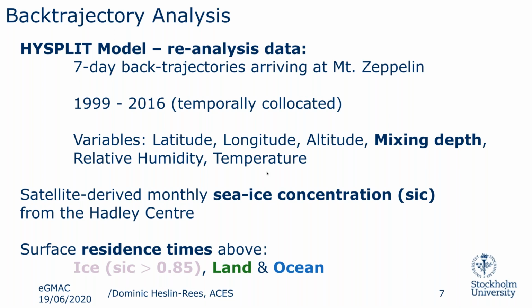That's the height of the mixing layer, the height at which substances, for example aerosol particles, are able to be vertically dispersed. In combination with satellite-derived monthly sea ice concentrations, we could then calculate the residence times: how much time each back trajectory spent over ice, land, and ocean.